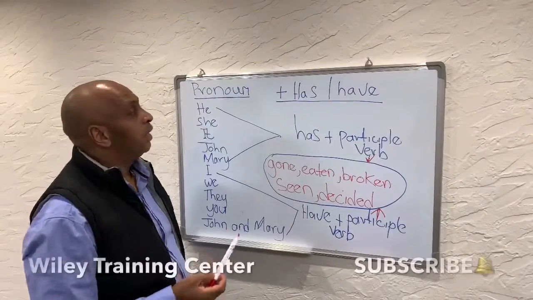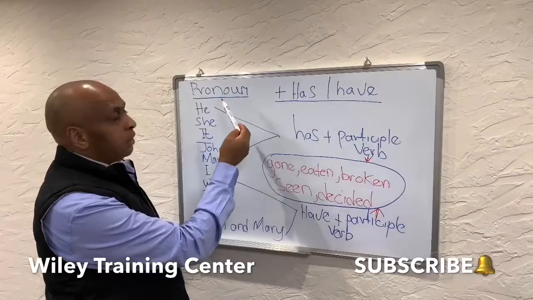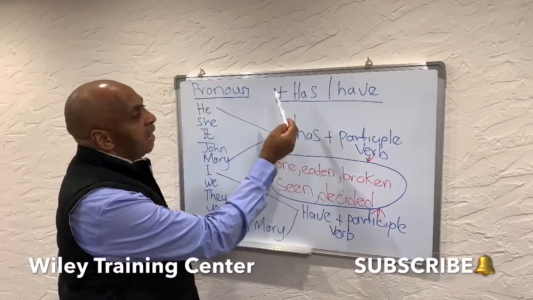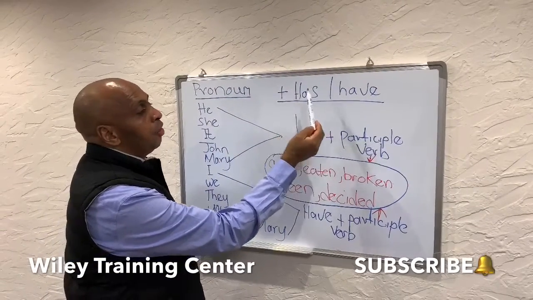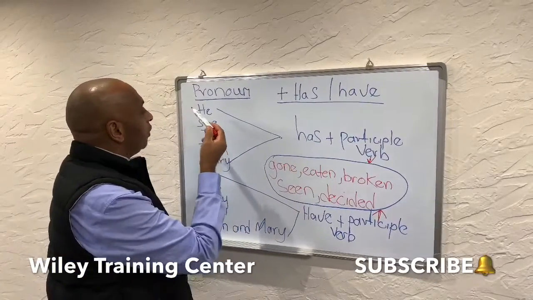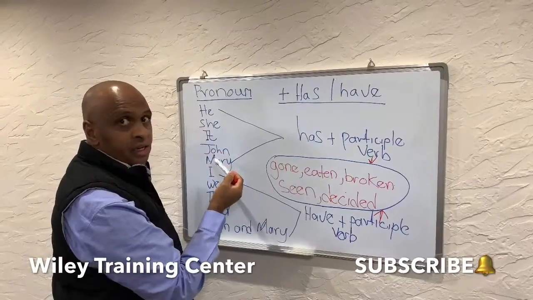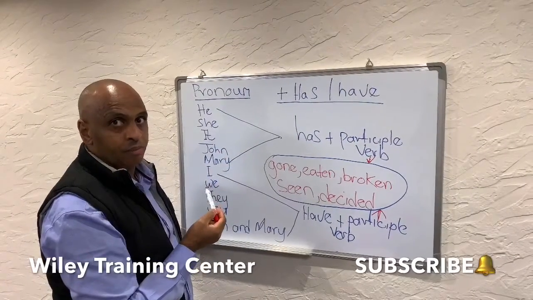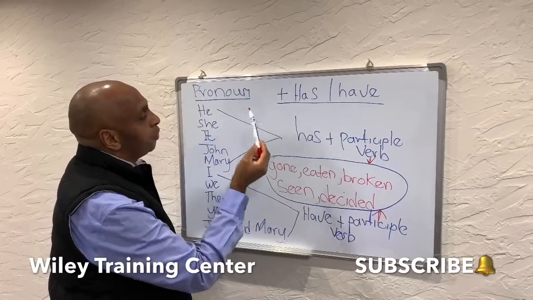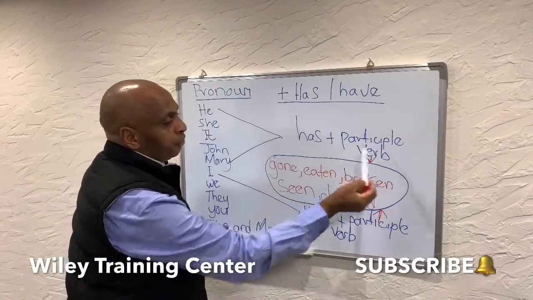Welcome. In this video, we are going to look at the pronoun plus has or have. The pronouns he, she, it, John and Mary are singular. So the next word will be has plus the participle verb.